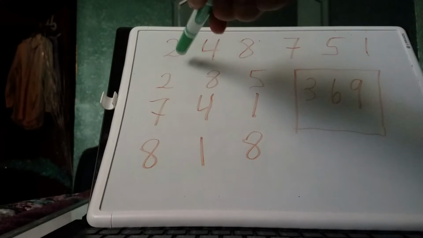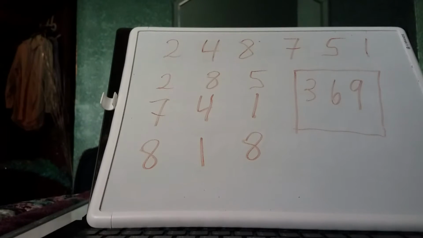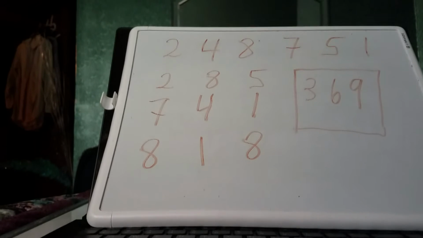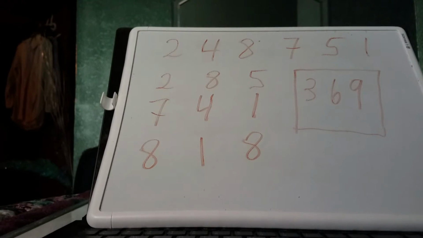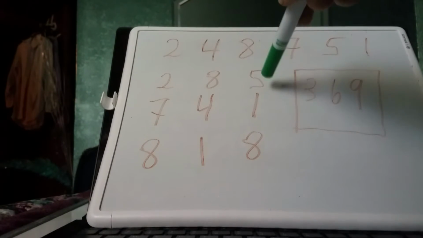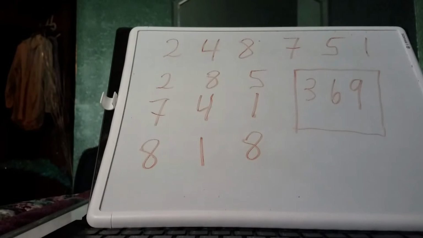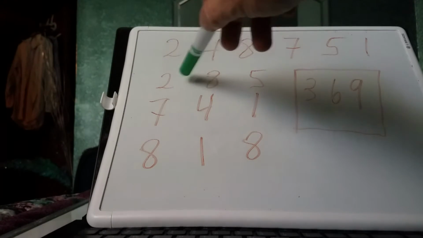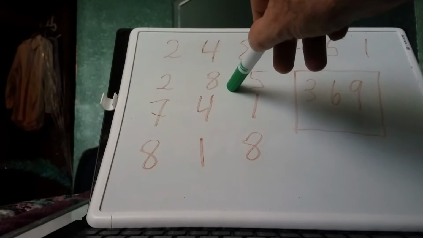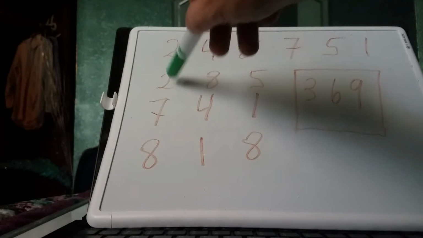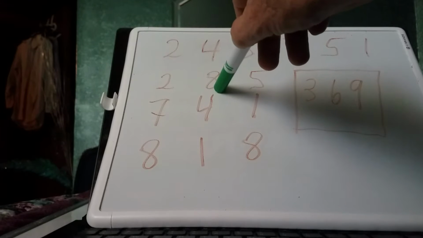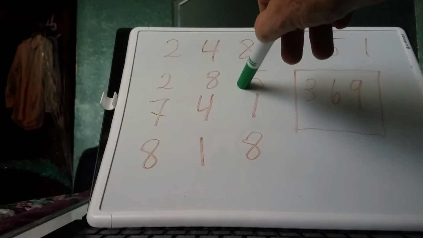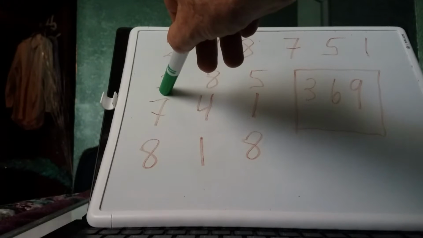It's very simple. Of the numbers 1 through 9, the only numbers that are not 3, 6, and 9 are 2, 4, 8, 7, 5, 1. But they're working together to become a 9. Let's look at the 285 portion of the 2, 4, 8, 7, 5, 1. 2 plus 6 is 8. 8 plus 3 is 11, which is a 2.